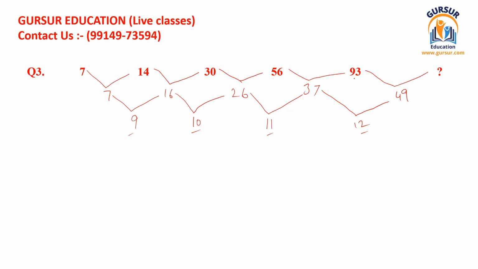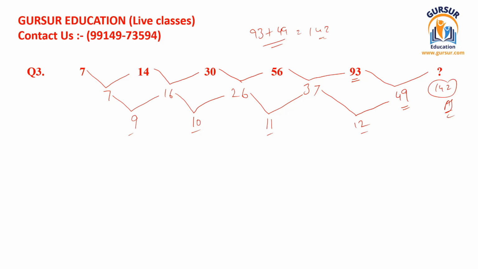So 93 plus 49 should be 142. 142 shall be your right answer, and it shall be placed at the position of the question mark.